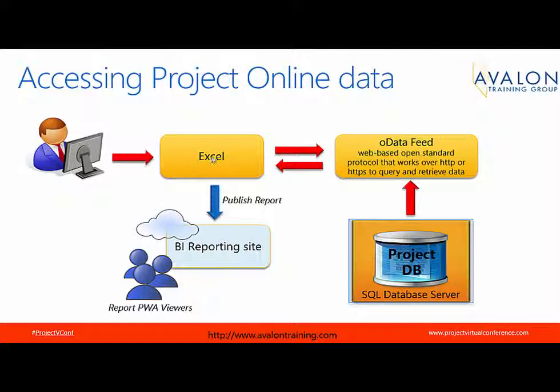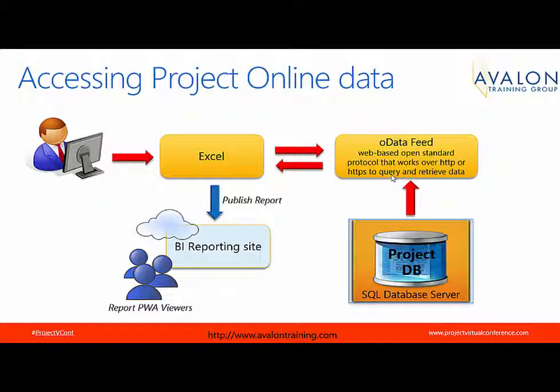Let's go through the basic concept of connecting to your ProjectOnline data using Excel. The same OData feed is going to be your data source within Excel. So as a report author, you will launch Excel, open up a blank workbook, and then connect to your data source using the URL for your OData feed.